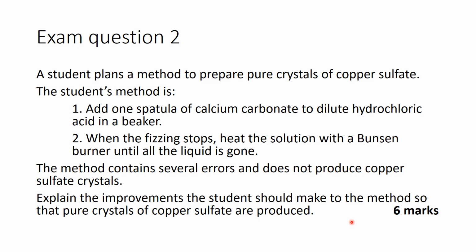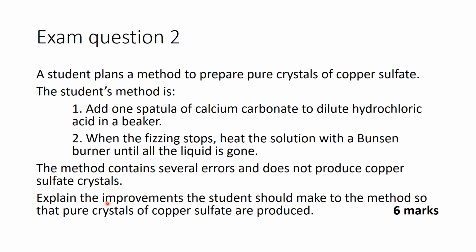Couple of things to be aware of here. It's marked exactly in the same way as the other 6-mark question, in those 3 levels that we've discussed. However, the focus of the question is slightly different because it says that the method has several errors and wouldn't produce copper sulfate.